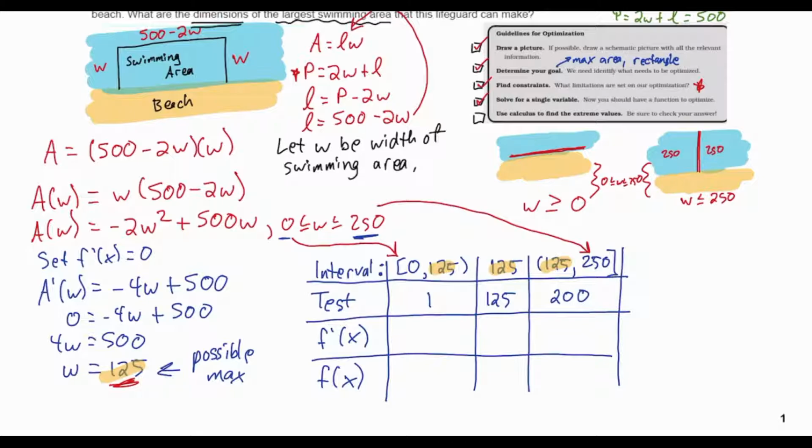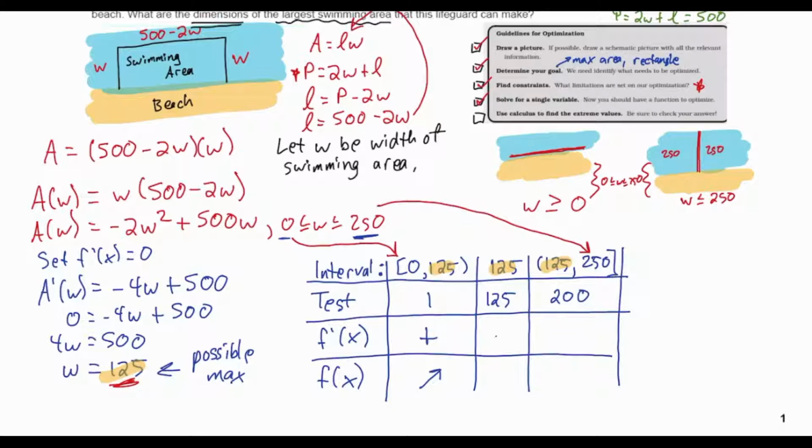So we are going to take the derivative function, negative 4w plus 500, and evaluate that function for our first test value of 1, and we get a positive number. So positive, which means my graph is going up, positive slope. At 125, we already know it equals 0, but we can still plug it back in for a quick sanity check.